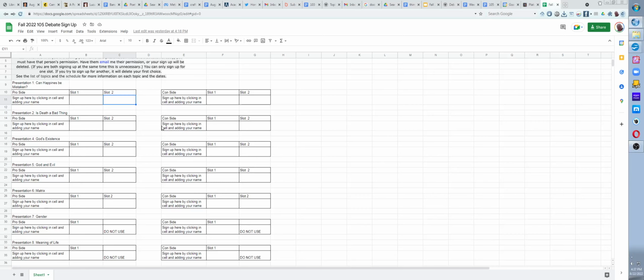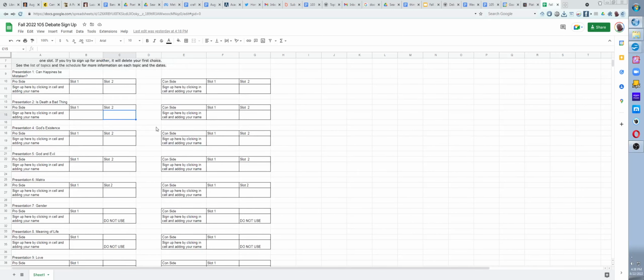You can't sign up for one of those slots without having the permission of the person who signed up for the first slot. So if you see a person's name in slot 1, you can't just go on and stick your name into slot 2. I'll just delete it if you do that. You have to get that person who had already signed up before to email me to tell me that you have their permission to sign up as a teammate.